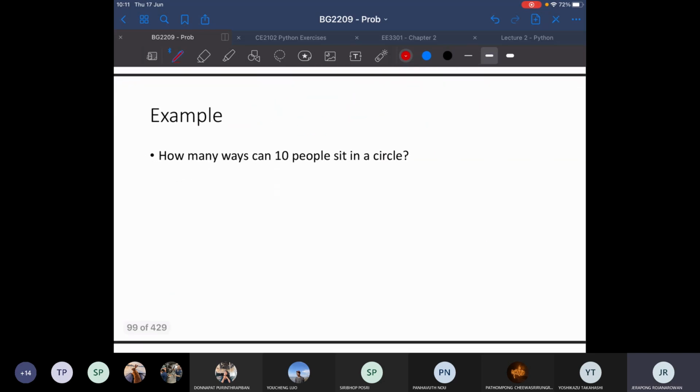However, if you let 10 people sit in a circle like this, it's going to become 10 minus 1 factorial, which is going to be 9 factorial. Why is that?